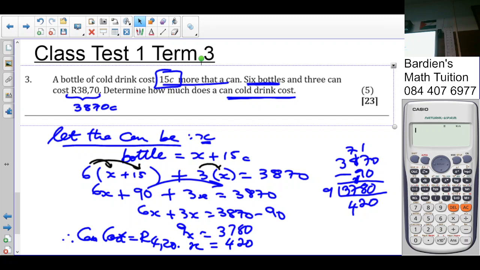You must be creative. You must be able to use the rules in different situations, with different sums. It is not only about teaching you a sum and giving you the same sum in the exam. It's about you applying those rules to different sums. That's what it's about.